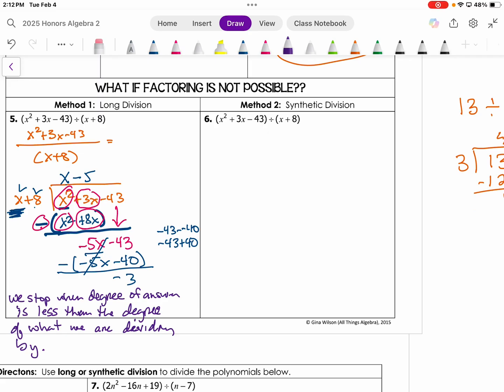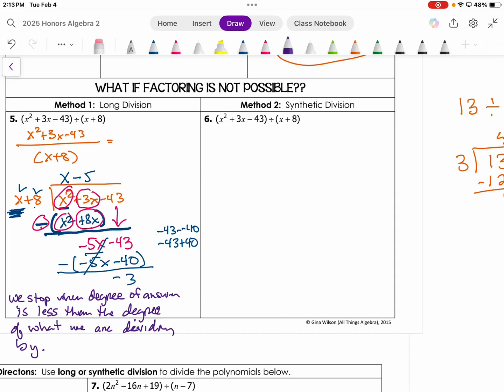This goes back to yesterday's beginning lesson when we talked about the degrees. If it's a constant, it has a degree of 0. If I see just an x, it has a degree of 1. If I see x squared, it's got a degree of 2. That was part of the beginning of the lesson yesterday.